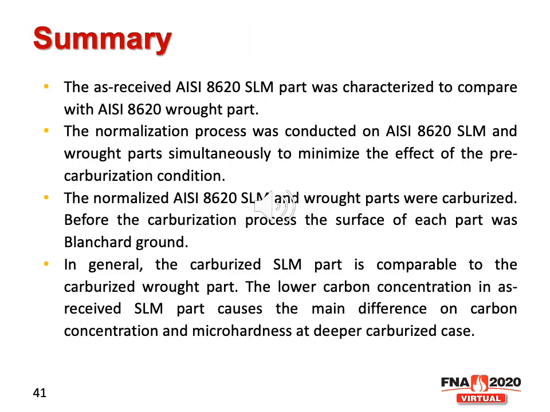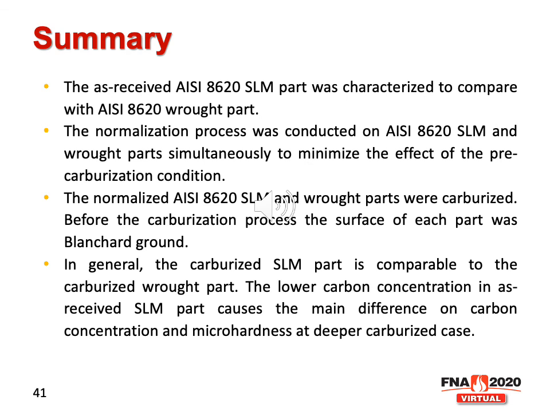Let's summarize today's presentation. The as received 8620 selective laser melted part was characterized and compared with the as received wrought part. We found the microstructure is different. For the selective laser melted part, we got tempered martensite, but for the wrought part, we got pearlite plus ferrite.